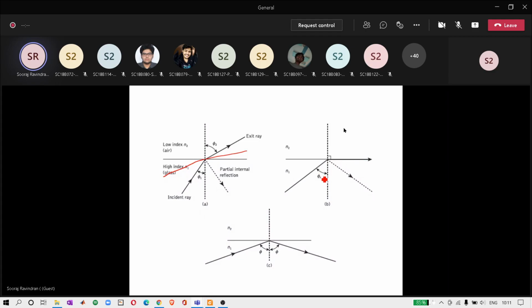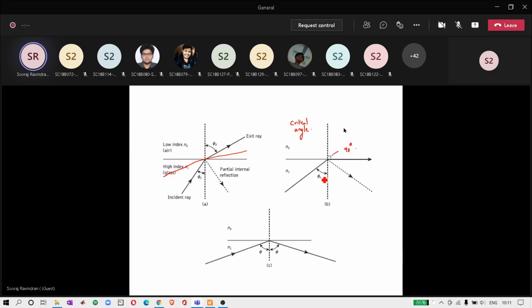So the incident angle at which the exit ray or the refracted ray just passes along the material interface is what you call as the critical angle. So at critical angle, you would see that this angle becomes 90 degree.